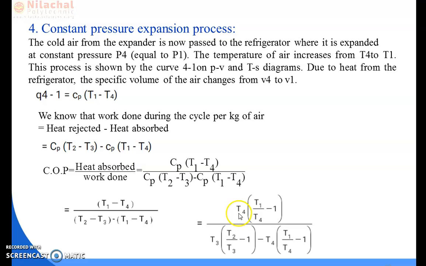I am taking T4 common in the numerator, so T4 (T1/T4 - 1). From the bottom, you take T3 common: T3 (T2/T3 - 1), then minus T4 common: T4 (T1/T4 - 1).